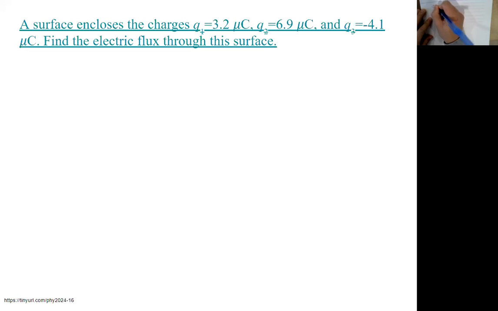Gauss's law says phi equals Q over epsilon naught, where epsilon naught is 8.85 times 10 to the negative 12, in the unit of farads per meter.